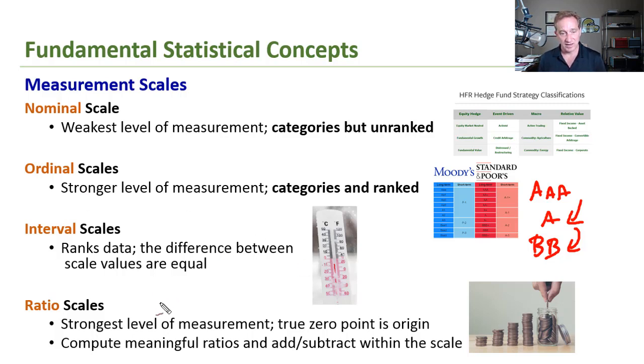Next, we would have interval scale, where we do have numbers that are ranked, and the difference between the scale values really applies as we move up and down the scale. Here, the classic example is temperature, so I've got a thermometer. Both Celsius and Fahrenheit are interval scales. So what I mean is that we have a 0 Celsius, which is the freezing point of water.